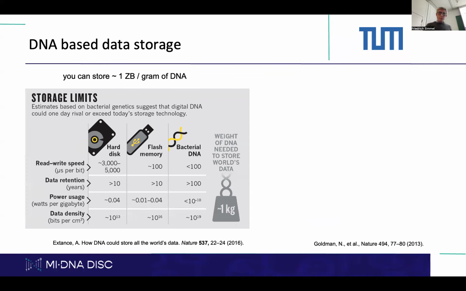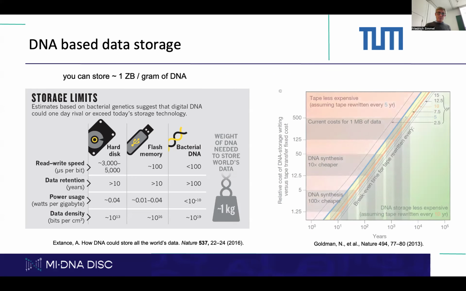The problem arises from the fact that we are currently lacking a technology to generate such huge amounts of DNA cheaply. This is a graph that's maybe a little difficult to understand, but what it essentially says is that currently conventional data storage methods like tape, for example, for long-term storage, are just cheaper than using DNA.